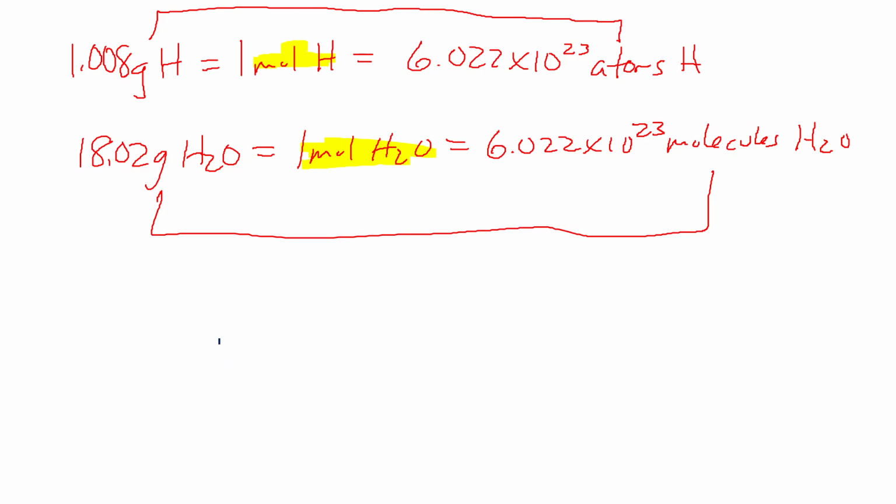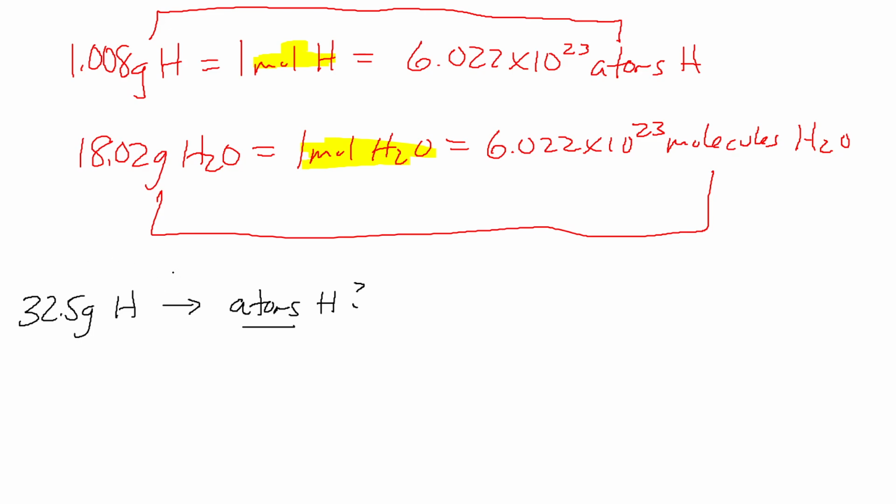So why would we need to worry about that? Well, let's just say we wanted to know if I have 32.5 grams of hydrogen, how many atoms of hydrogen would that be? Well, I would take my same approach.